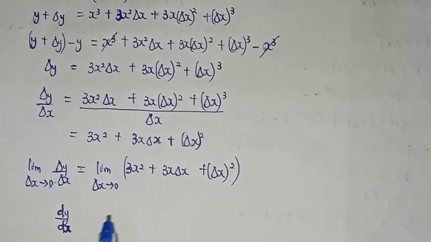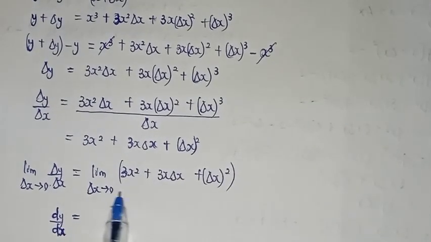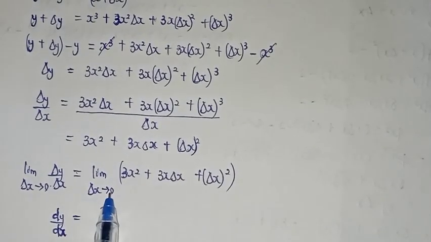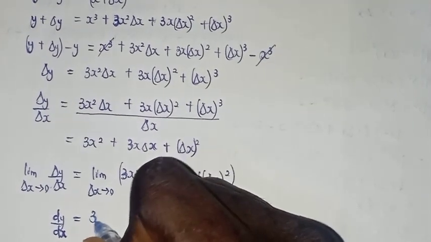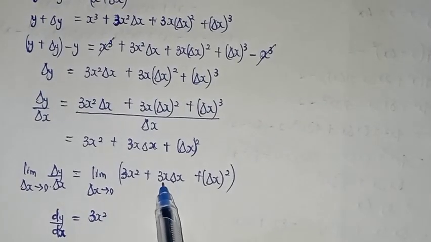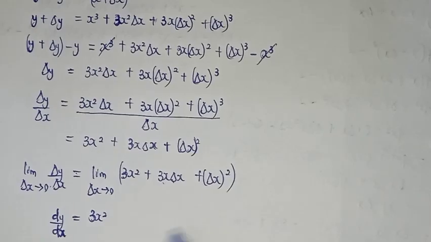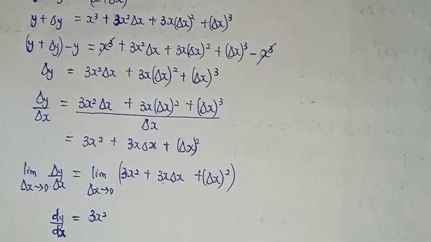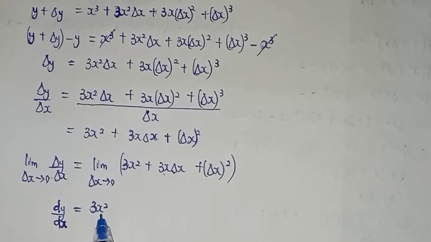So dy over dx, which is equal to, substituting delta x to be 0, we have 3x squared, and then 0 times 3x is 0, 0 raised to the power of 2 is 0, so we have this left as our answer. So our answer is dy over dx, which is equal to 3x squared.